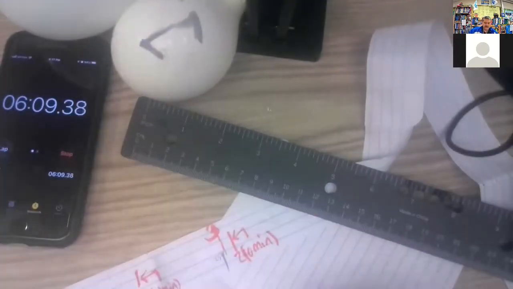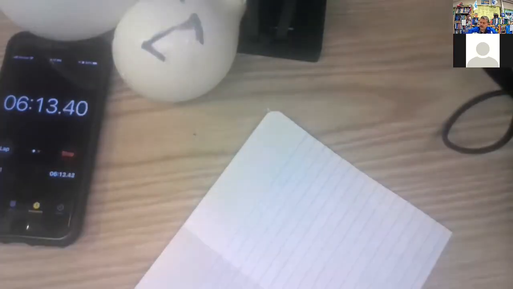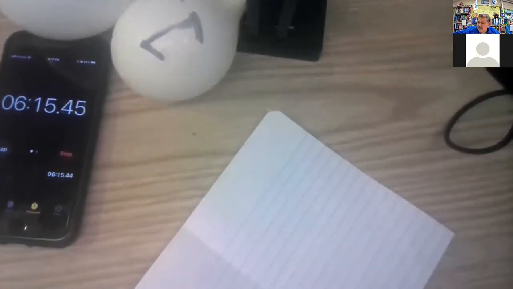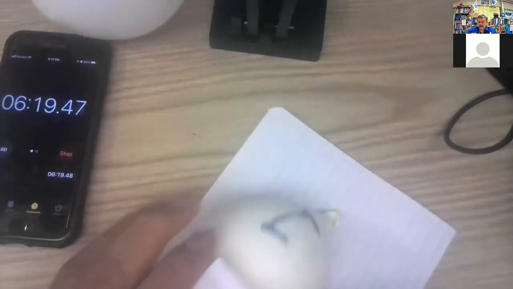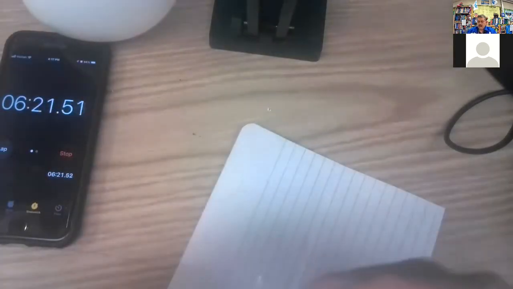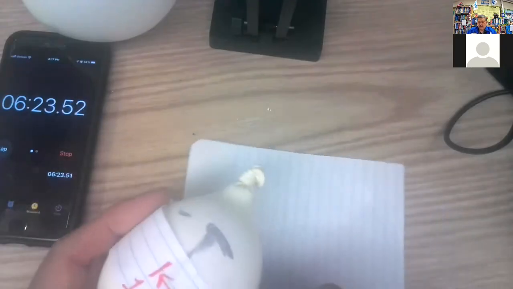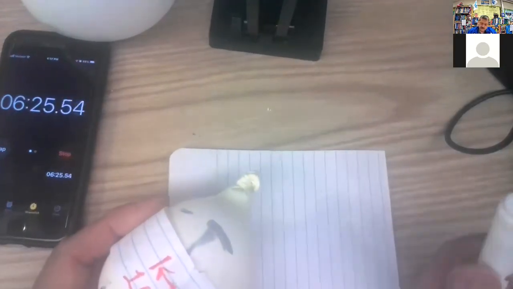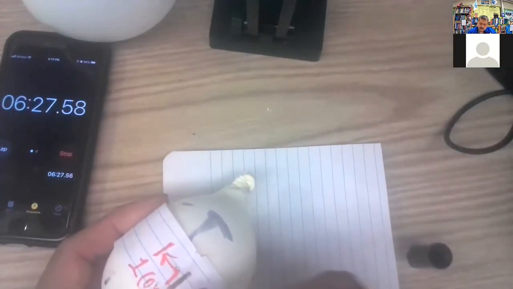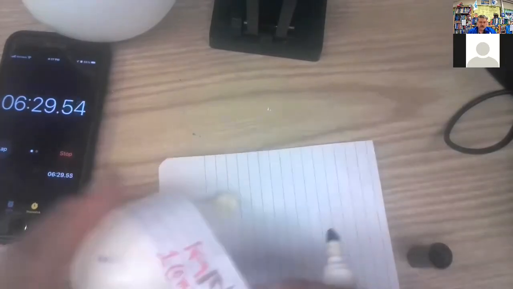So let's do a second measurement for 1 and 2 and 3. There's 1, and then there's 1.